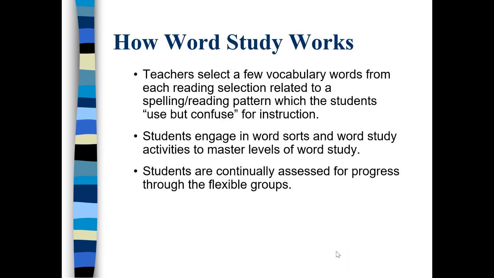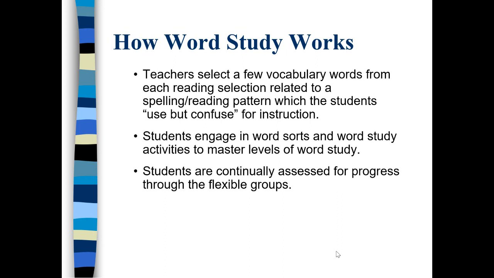How does a word study work? You first will do a spelling inventory and analyze the level of spelling knowledge your student has, whether it's emergent, within word pattern, derivational relations, or what.